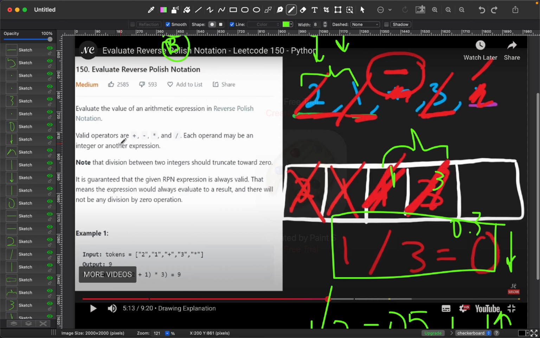So I mean, if I were to read it off, evaluate, reverse, polish, notation. I don't even know what do you mean by evaluate. So evaluate, reverse, polish, notation.